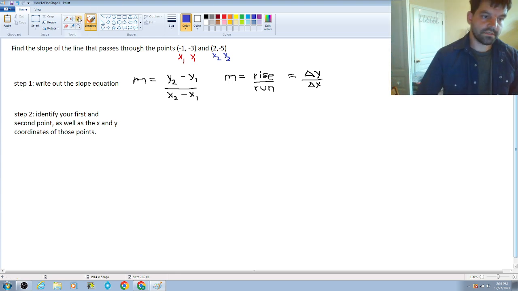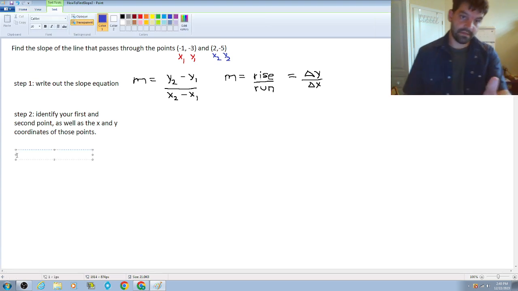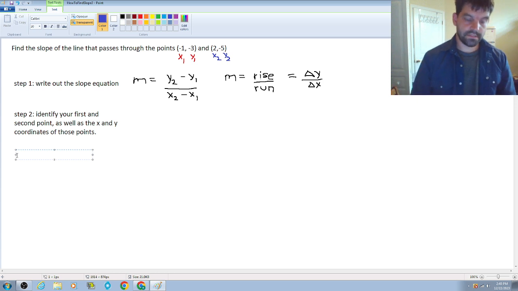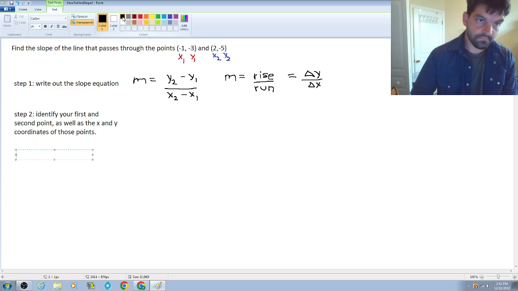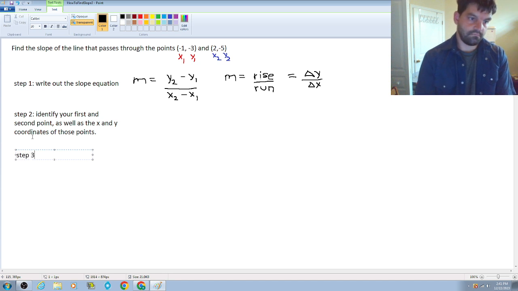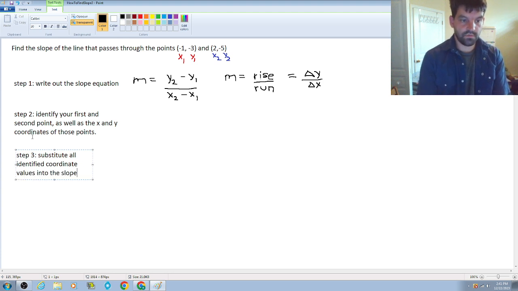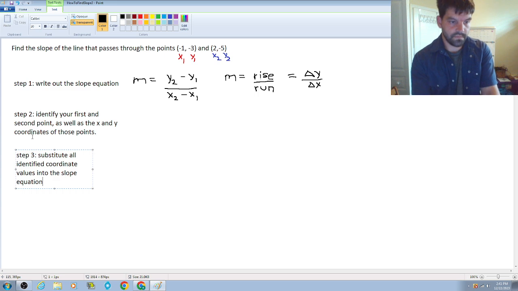So your third step, now that we've identified our x and y coordinates of each point, is going to be substitute all identified coordinate values into the slope equation.